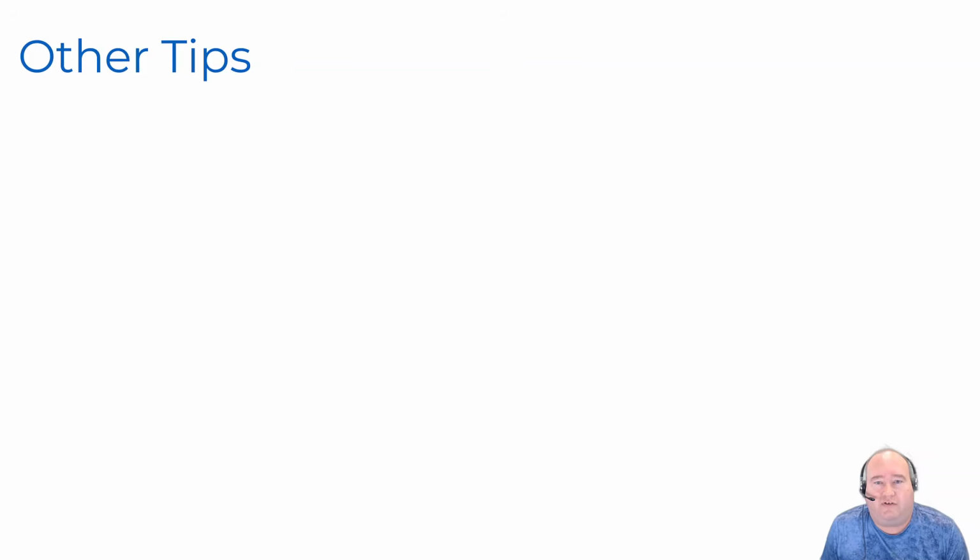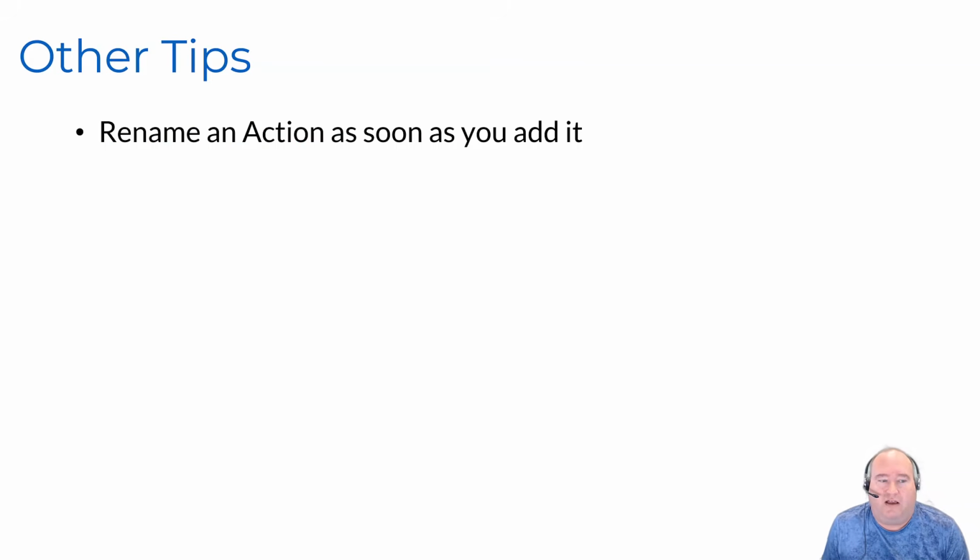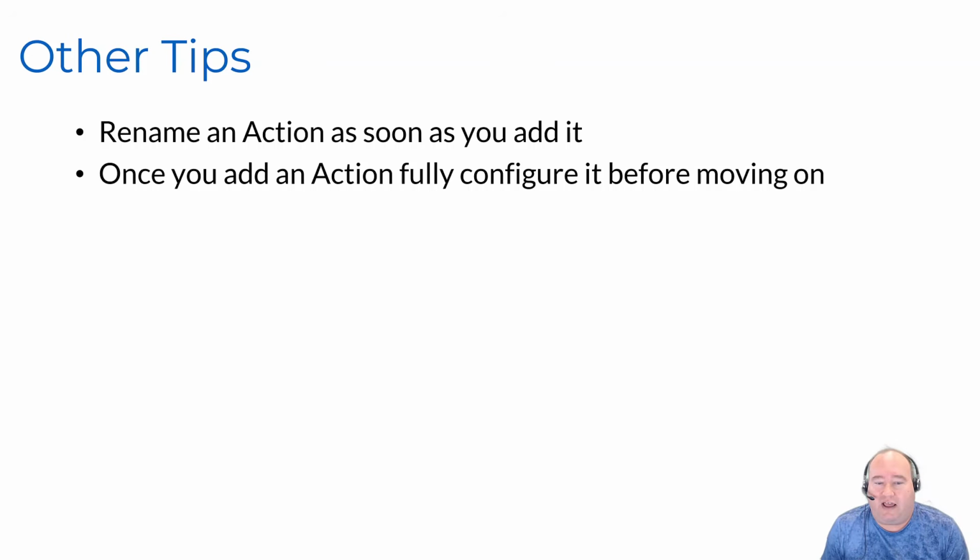Here are a few other quick tips that I want to point out. When you add a new action to your designer surface, rename that action as soon as you add it. If you add a dependent action underneath it, it won't let you rename that action. And once you add an action, make sure you fully configure it before you move on.